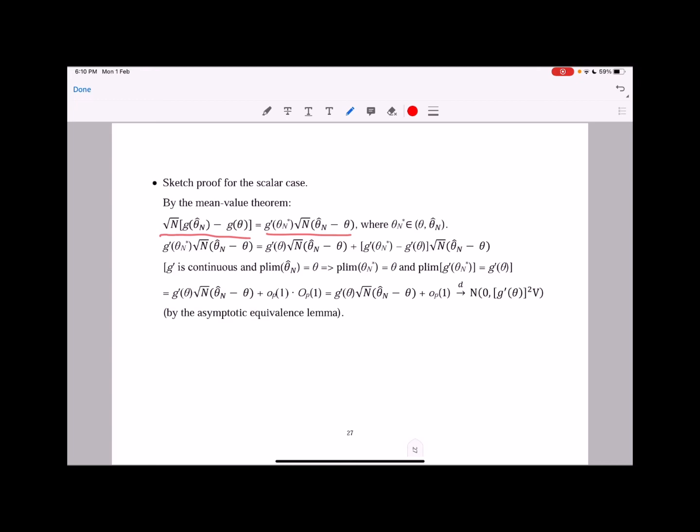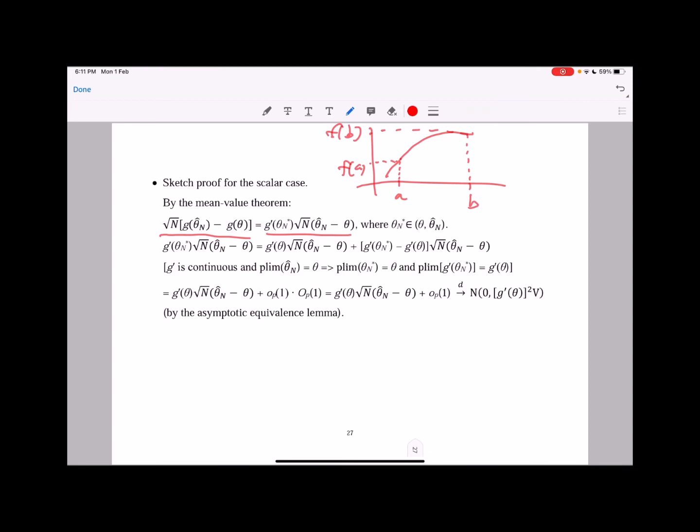If you remember what the mean value theorem is, let's say we have a function like this, and this is a, this is b, this is f(a), this is f(b).